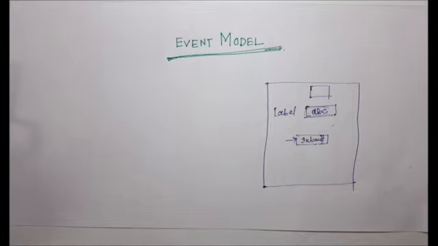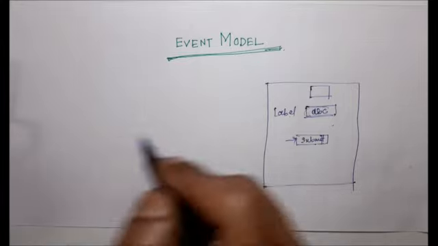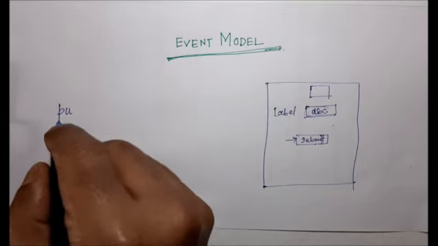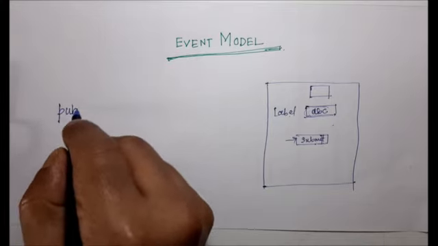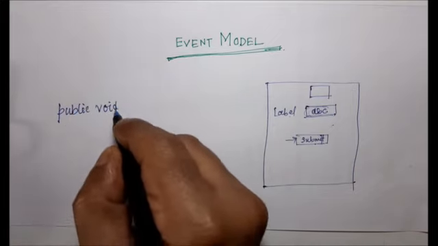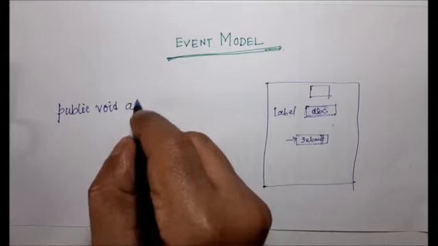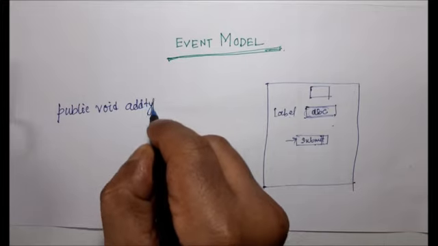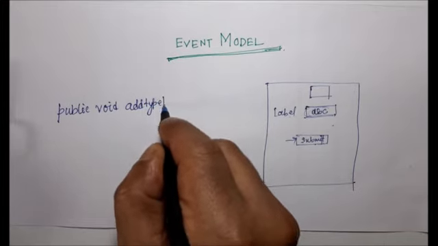For this we can write a simple method. For example, this is the general form. How we write it, I will discuss in detail in a few seconds. Public void add, then the type of listener. Just writing Type Listener.